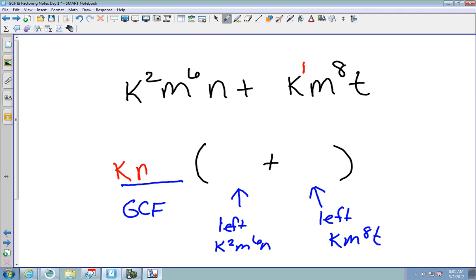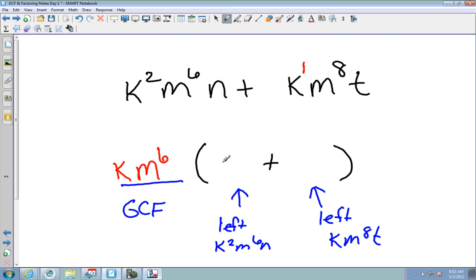Yes. What's the smallest exponent? I apologize, I should have said what's the smallest exponent. Should have been to the first power. Now, M, what is the smallest exponent? 6. Is there N in both of these? Okay, and there's a T over here, but there's not a T in both of them. So my GCF, I've pulled out what's in common in both of them.